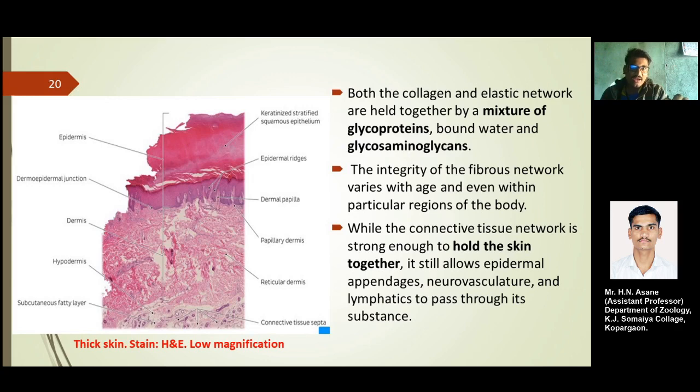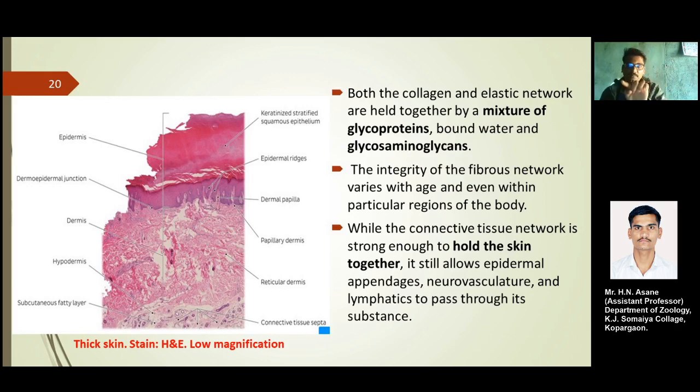The epidermal regions that form ridges or papillae projecting into the dermal region are referred to as the epidermal ridges. Ridges means up and down like structures.